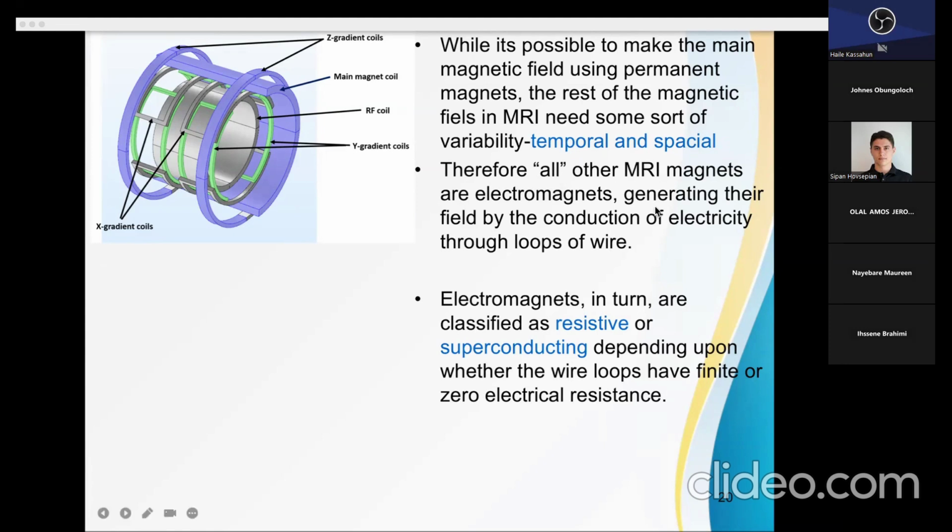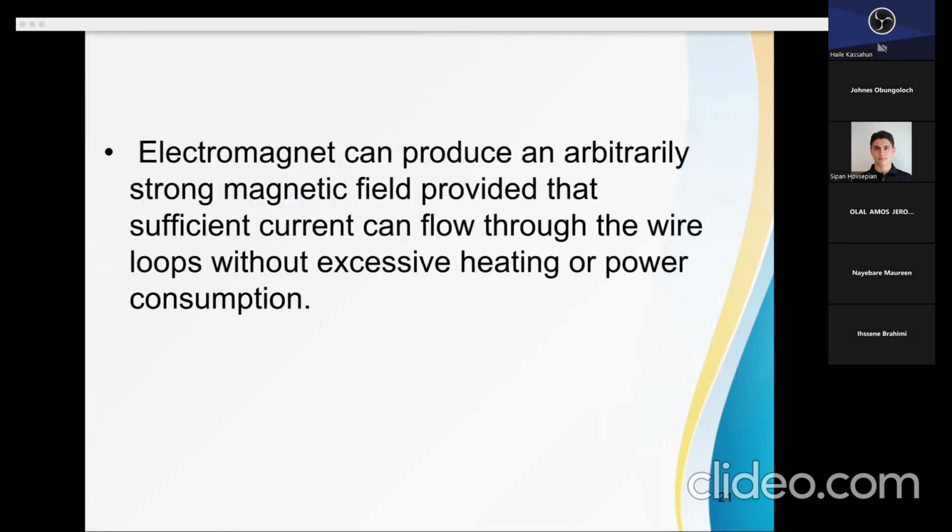And for electromagnets, you can use resistive wires. You can also use superconducting wire, which limits where you can construct the system, because if you are using superconducting wire, your manufacturing environment, your lab, might not be suitable for making such a system.